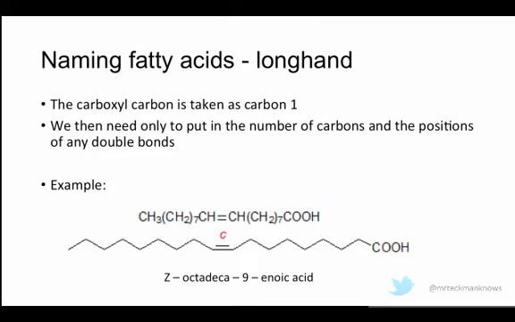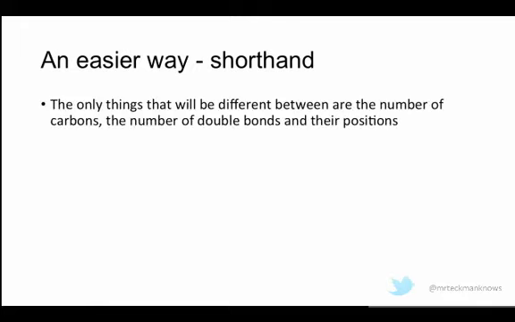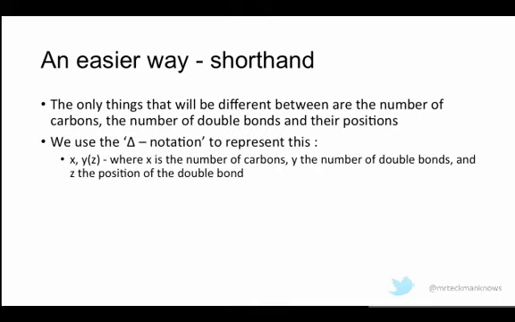Simple. There is an easier way, the shorthand way. One I think is easier. It's kind of a numerical way of numbering it. And it comes off the idea that the only things that are going to be different between fatty acids are the number of carbons, the number of double bonds, and their positions. So we use what's called the delta notation.